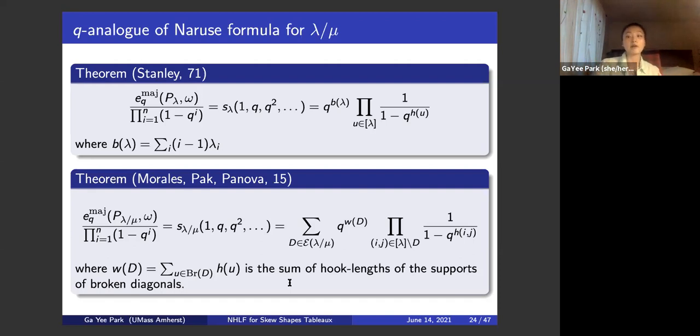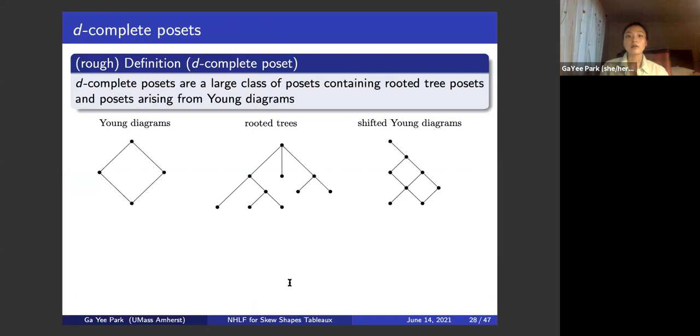But we can do even better. There's a large family of posets called d-complete posets that includes, but is not limited to, the posets arising from Young diagrams. They also include the rooted trees and shifted Young diagrams.